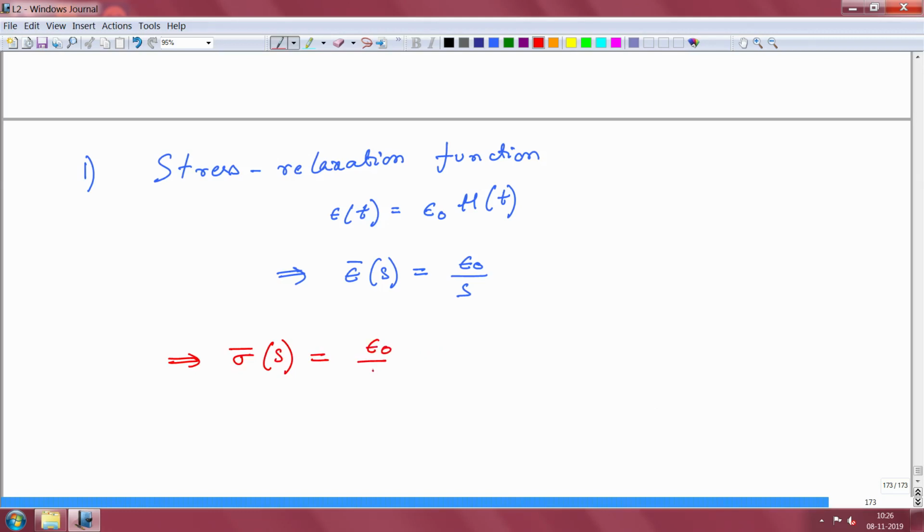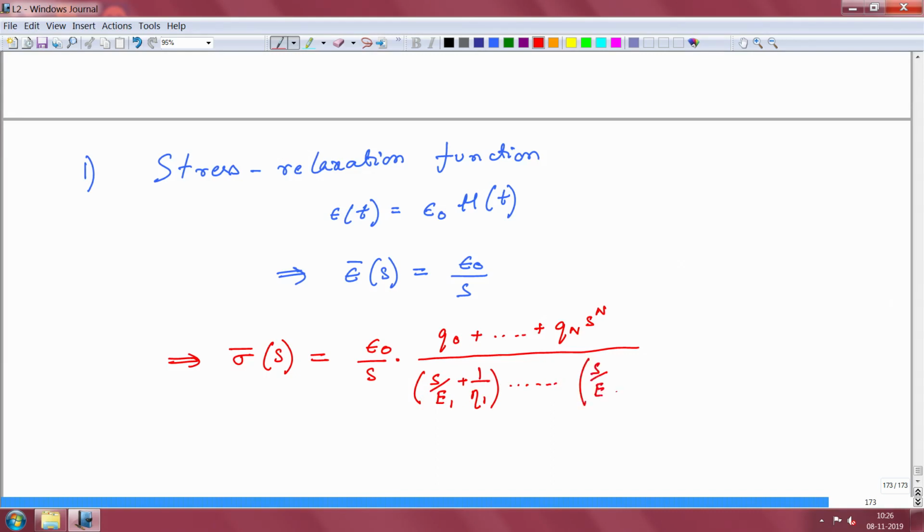You will have epsilon naught times s multiplied by q naught, up to the n terms q n s to the power n, and then on this side you have all the n terms multiplied together, right.